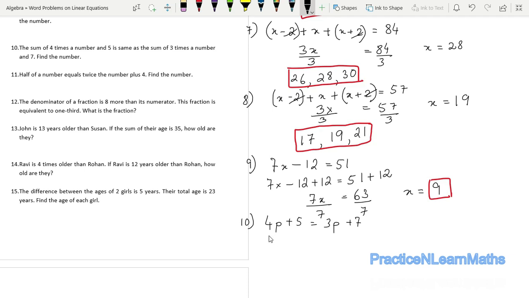Subtract 3P from both sides. Subtract 5 from both sides. We get P is equal to 2, and that is the answer.